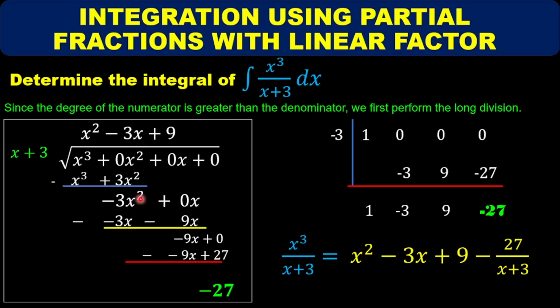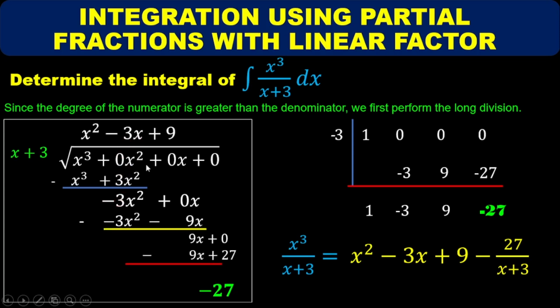Because there's a square here, when x divides minus 3x squared, we are going to get minus 3x. Okay, so that gives us minus 3. And you see that whatever you get at the top, you use it to multiply everything here. So minus 3x times x will actually give us minus 3x squared. So we have it here.